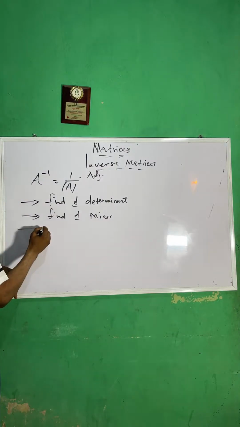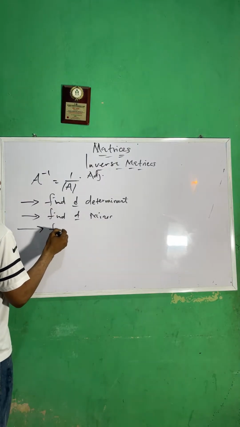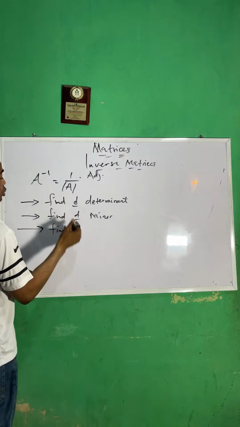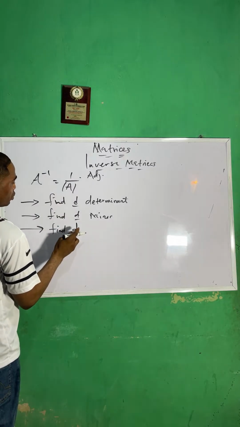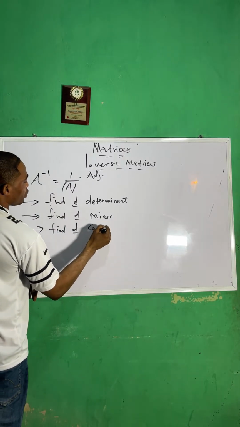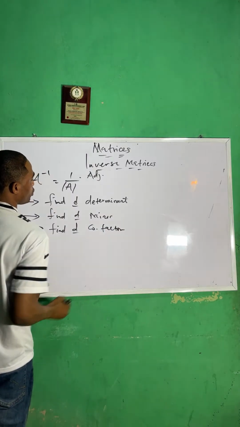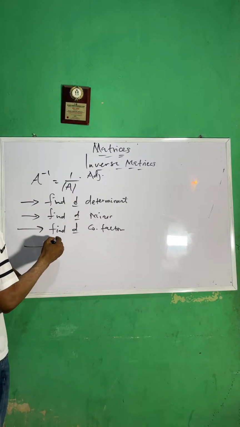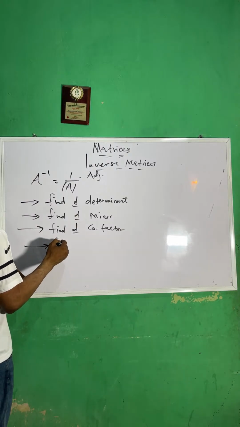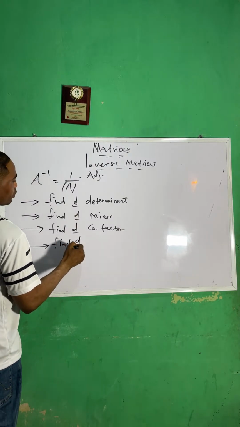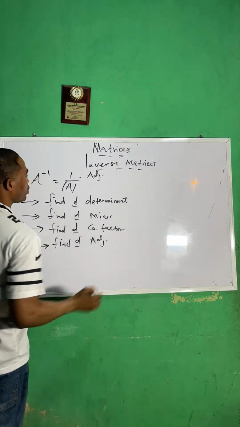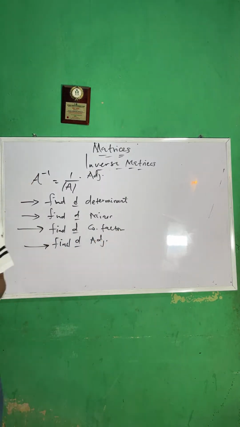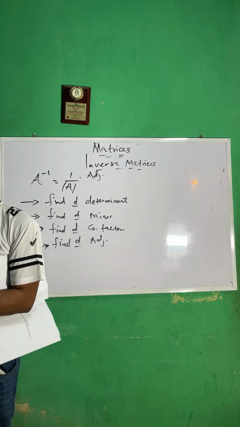Then rule 3, find the cofactor. After finding the cofactor, find the adjoints. So with this, we're able to finish the inverse matrices.